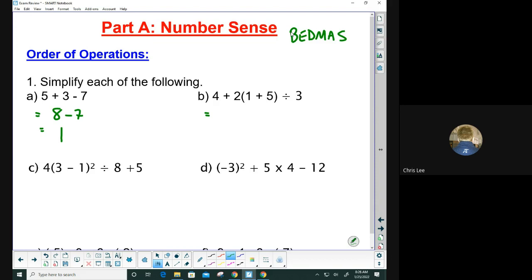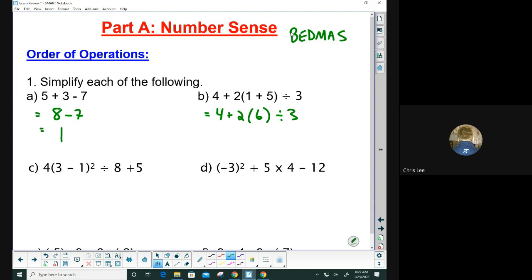So what I do is just like to do one step at a time. We don't want to do too many steps, because when we do too many steps at once, that's when we make our mistakes. Can I add 4 plus 2 now? Okay, I got to do the divide by 3. Yeah, and we also have a 2 times 6, right?